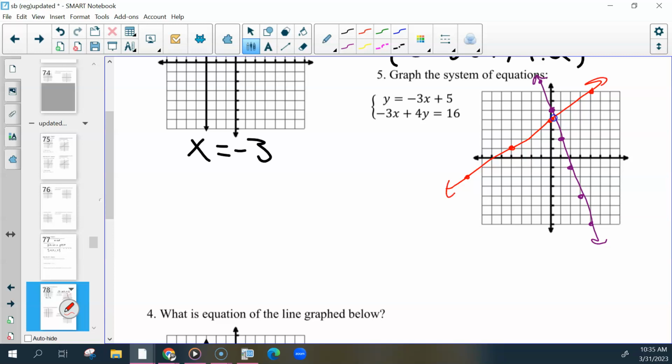So when it crosses, it's somewhere in between instead of on the lines. So if you would have guessed like 0.5, 0.4, and 4.5, that would be fine.